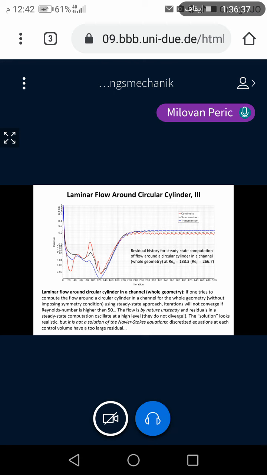If I now try to solve the flow as steady for the full geometry, having no symmetry plane but a cylinder between two walls, this is the picture of residuals that you get. When you start with constant velocity, the residuals first reduce, then they wobble a little bit, then they start increasing and stop at a level of 0.2. The simulation will not diverge, but the residuals will oscillate at this level forever.